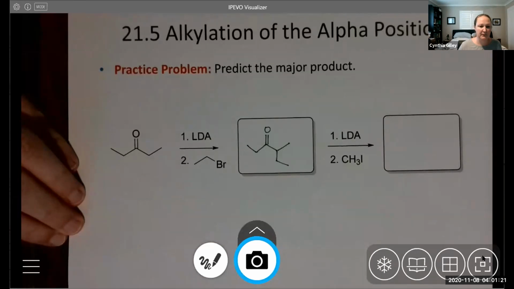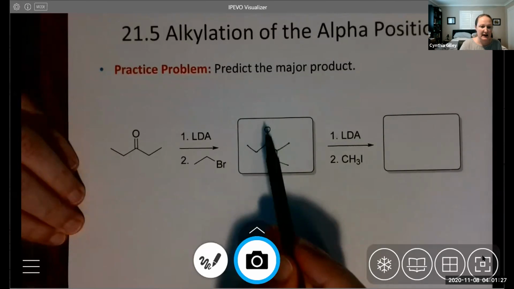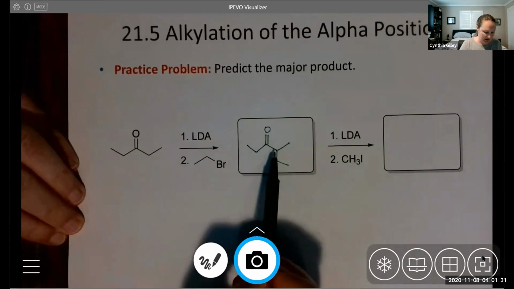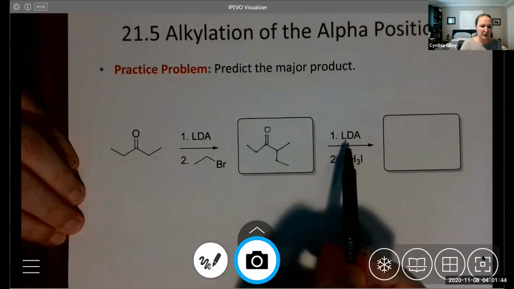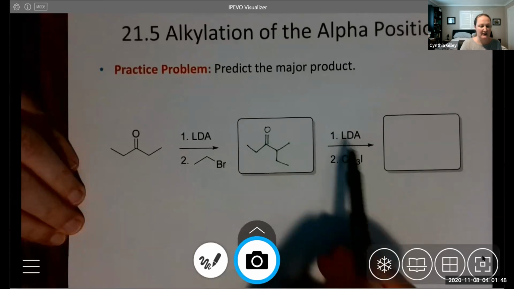Right. At this point, now we do not have a symmetrical ketone anymore. Now it is an asymmetric ketone, which means that there are two alpha carbons, one on each side of this ketone, and they both have at least one hydrogen attached to them. So we have to carefully think about which proton would be removed using our strong bulky base.